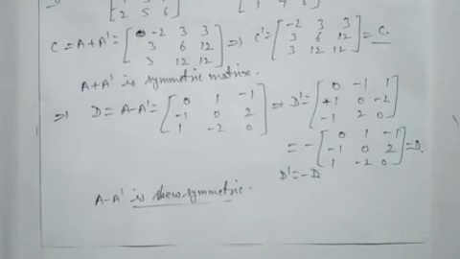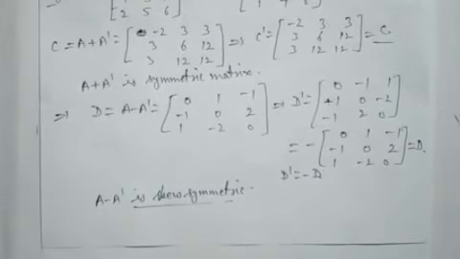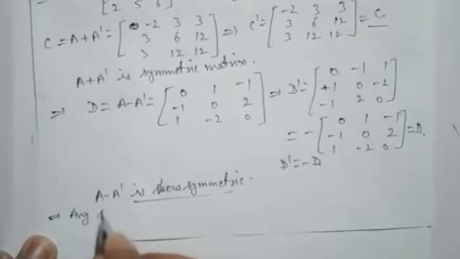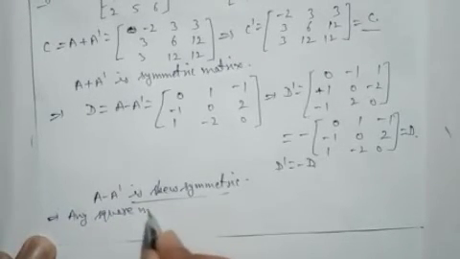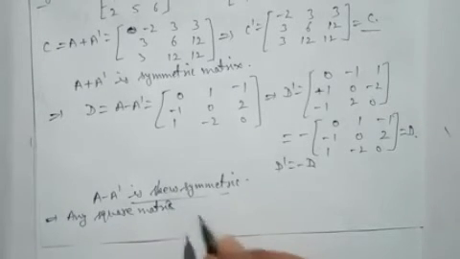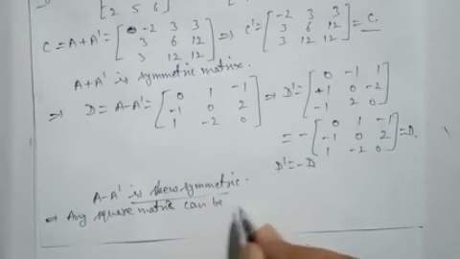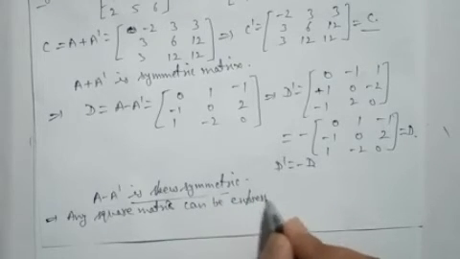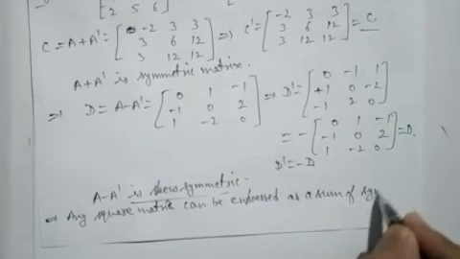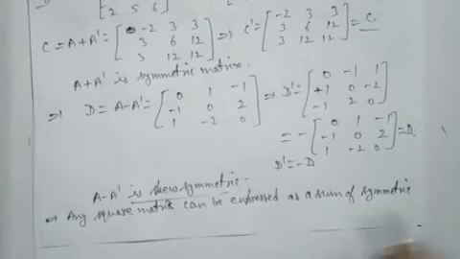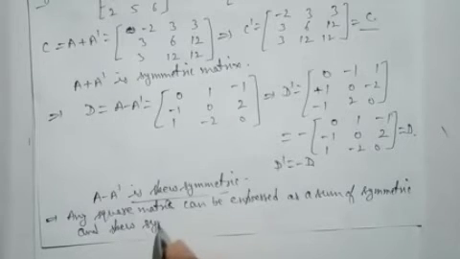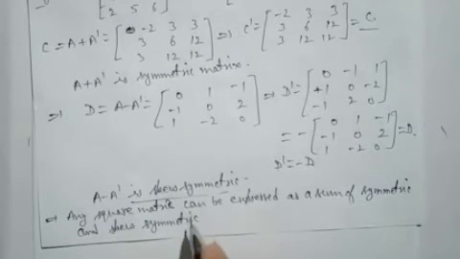Clear. So from these two conclusions we can say that any square matrix can be expressed as a sum of symmetric and skew symmetric matrix.